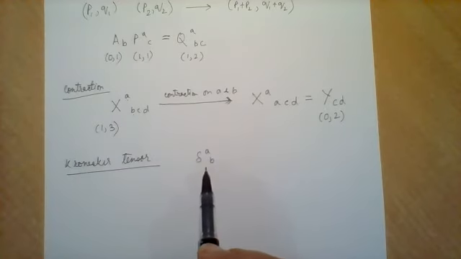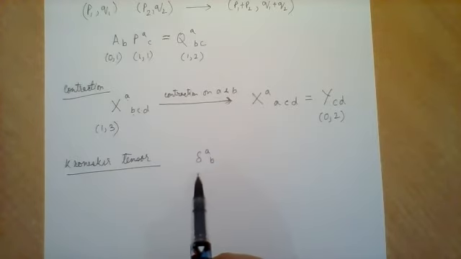If A and B are not equal, this is equal to 0. I repeat, if A and B are equal, this is equal to 1. If A and B are not equal, this is equal to 0. In whatever coordinate system you choose, it always has the same components.